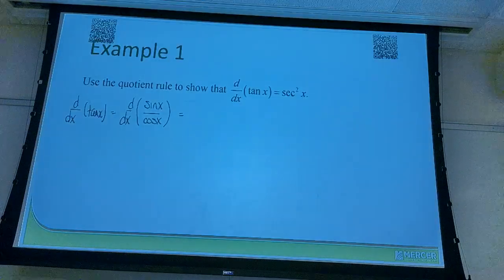Numerator prime times denominator minus denominator prime times numerator, over denominator squared.